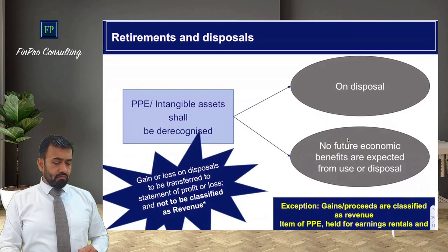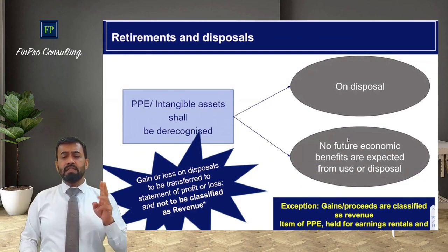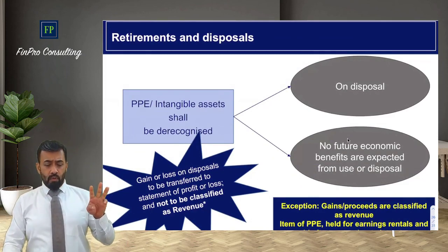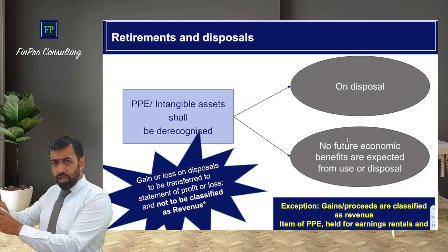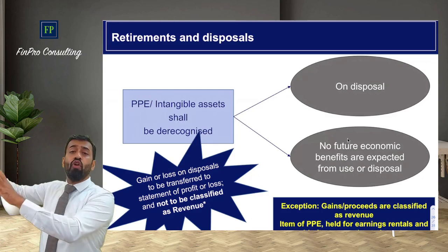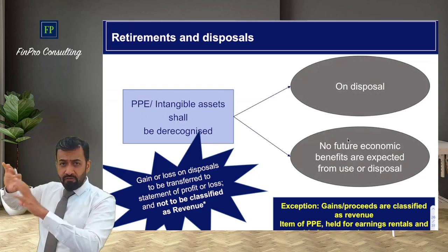Derecognition. All assets, intangible assets, tangible assets and investment property shall be derecognized, taken out of the balance sheet, only when it is actually sold off, disposed of, scrapped or retired from its active use.